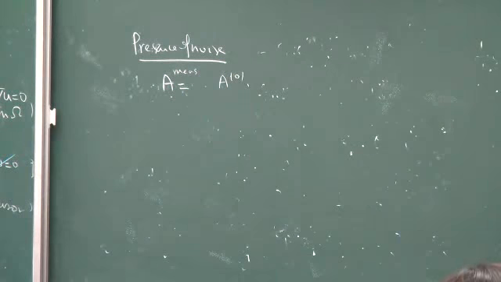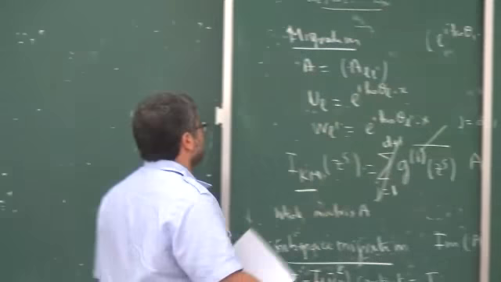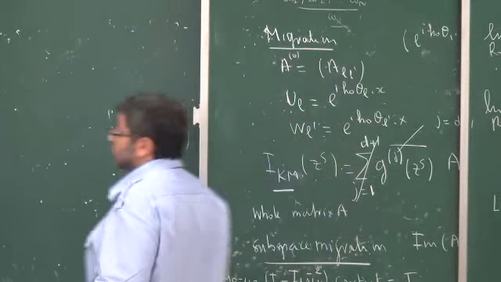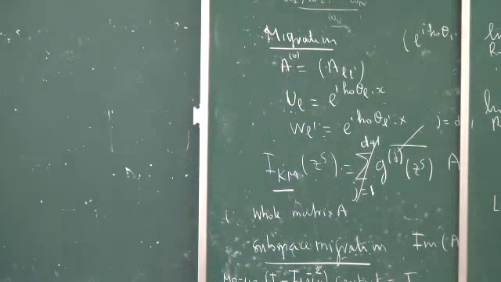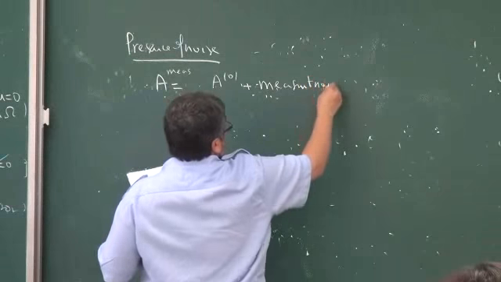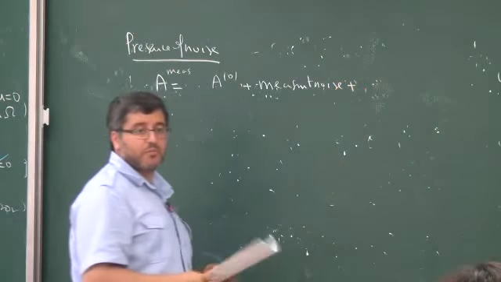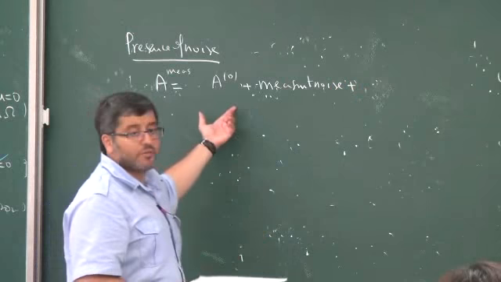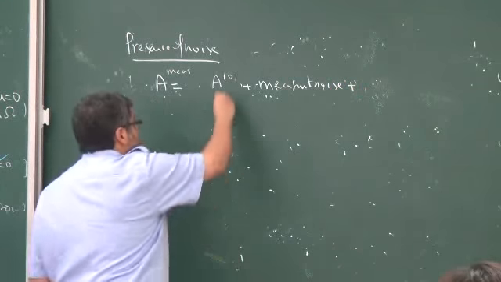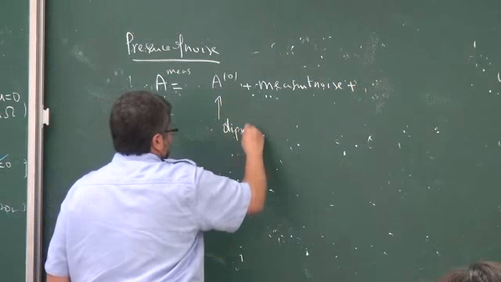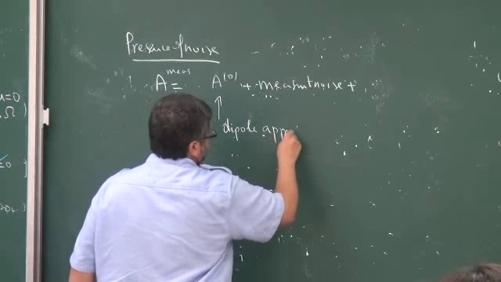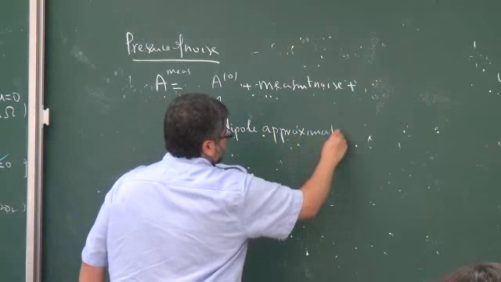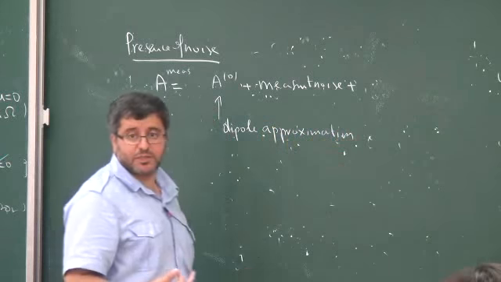Think about the matrix I constructed. This one would be A0, the asymptotic formula, the perfect one, plus some measurement noise, plus some approximation error, because to get A0 I used the dipole approximation. So even without noise there is approximation error.